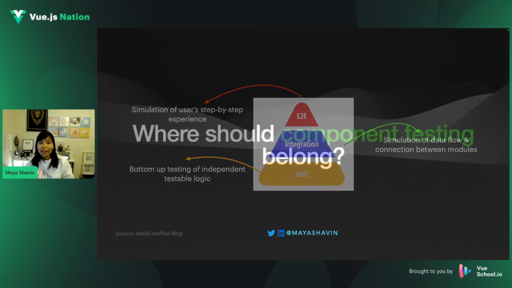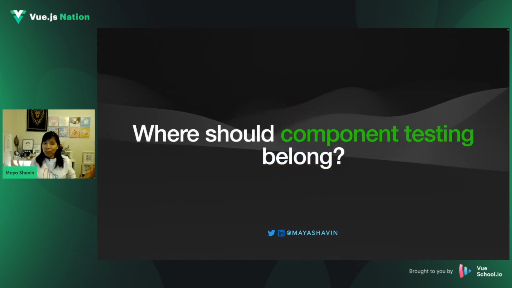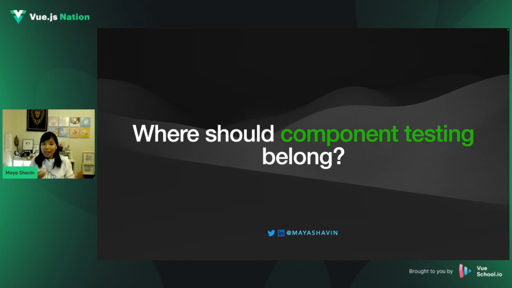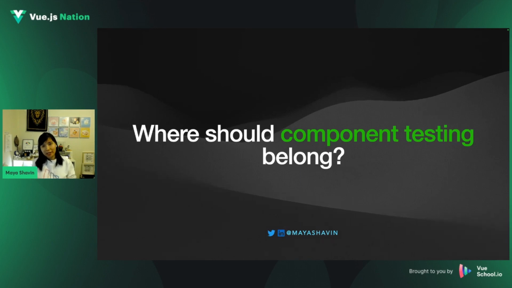Great, right? Now here come the questions. Where should component testing belong? We saw the pyramid, and we hear about component testing a lot. Is it a unit test? Is it supposed to be an integration test, or maybe an end-to-end test?